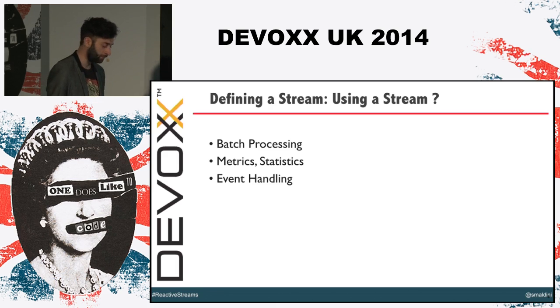It's very useful also for metrics, because, as we said, hot streams are very interesting in the metrics and statistics universe. When you start generating metrics, you're not necessarily waiting for this metric. You just capture the latest snapshot of the metric.